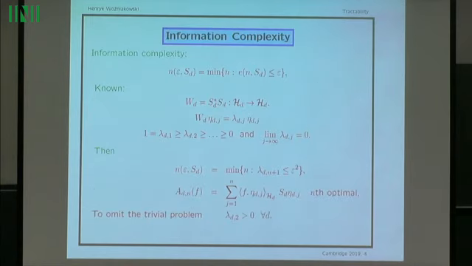Okay, and now what is the information complexity? Information complexity is the minimal n, the minimal number of linear functionals which is necessary to make the nth minimal error at most epsilon. So epsilon stands here, and of course this is a function of two variables, of epsilon and S_d of the problem, and the information complexity tells you about the intrinsic difficulty of the problem.